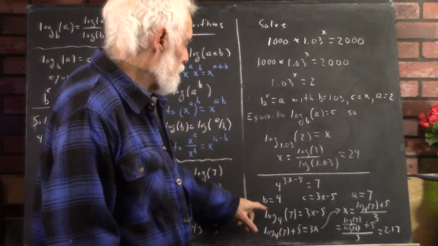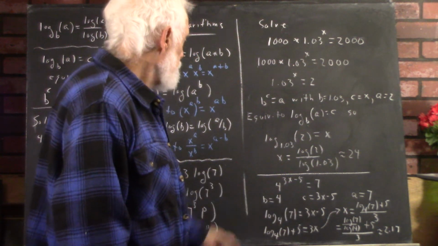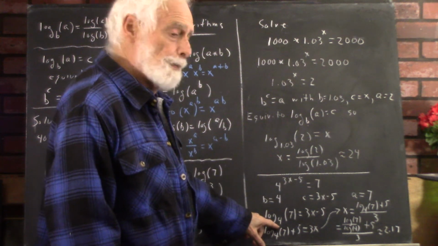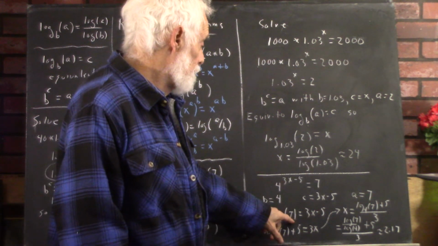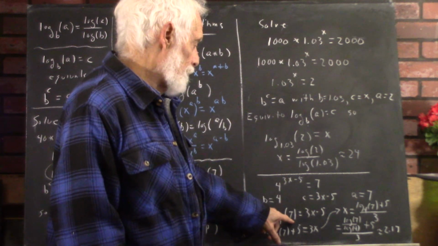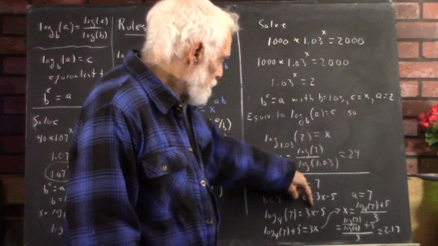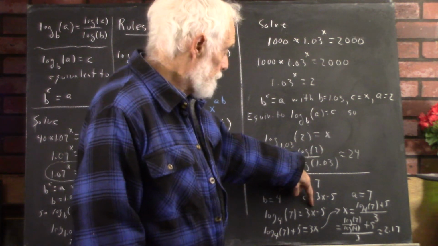And then we rewrite in logarithmic form, and it's going to be log base 4 of 7 equals c, which is your 3x minus 5. And now we just do the standard algebra.